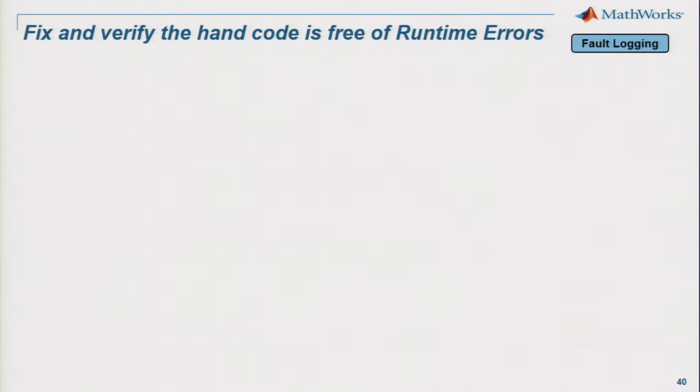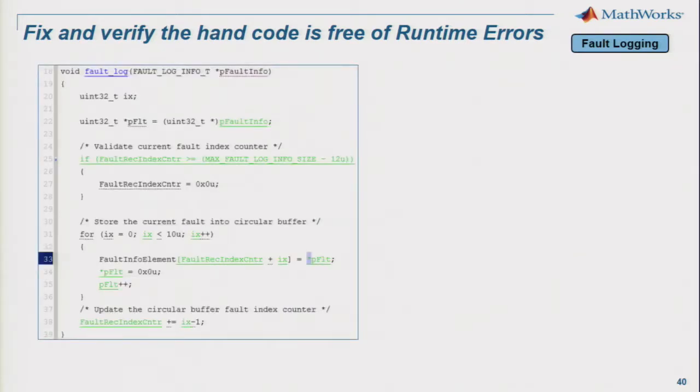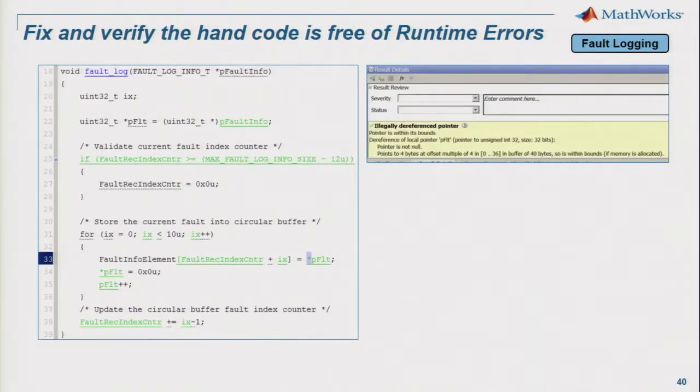I could just fix it, or I could use the tool to make sure again. Yeah, I would. So I reran the tool, reran Code Prover again, and verified that there is no runtime error in the function. Great. Okay.